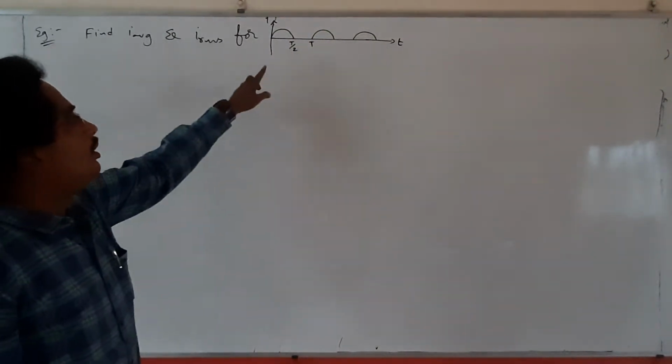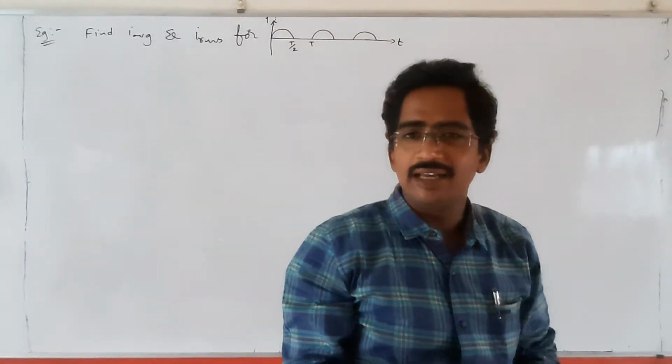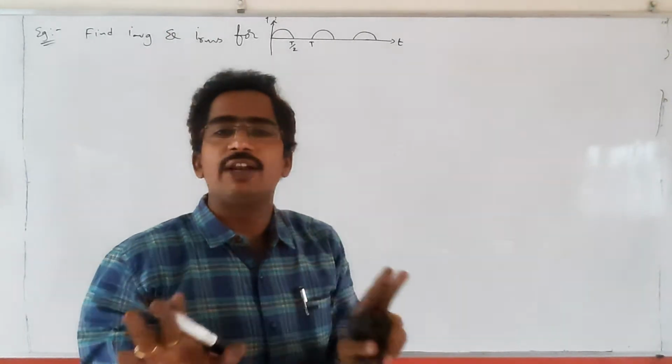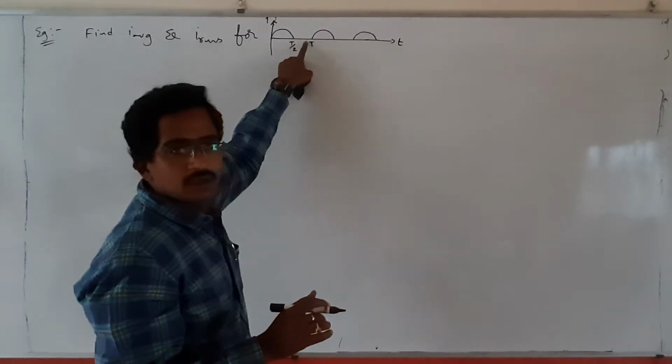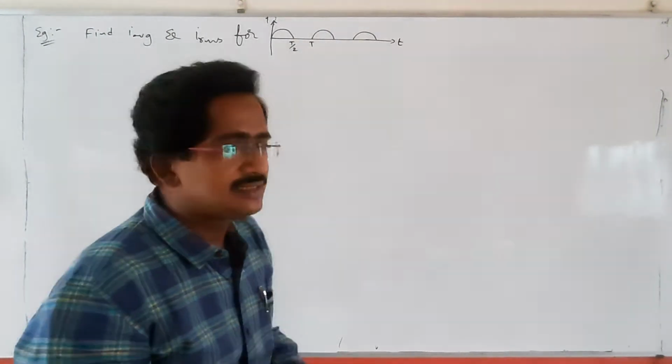See here, only for half of the cycle will current be there, and for the remaining half of the time the current value will be 0. So at that moment, how can we find IRMS and I average? See here.